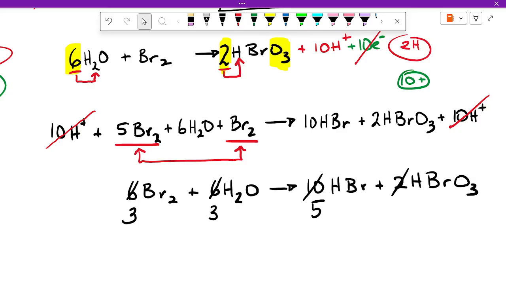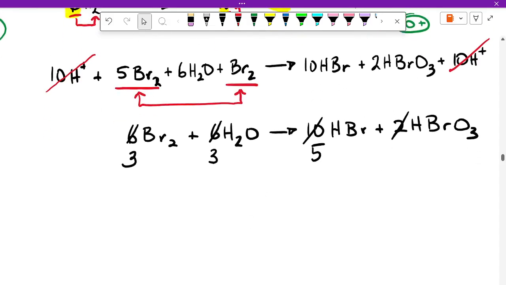Yeah, but only certain types of equations. It'll only work for redox reactions. Okay, so just so you guys are aware, single replacement reactions are always redox. Synthesis and decomposition are always redox. Here, I'll write it down for you. Single replacement.